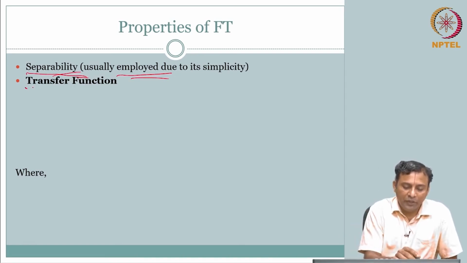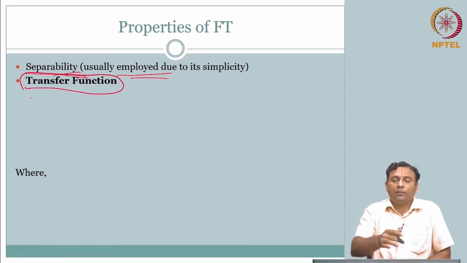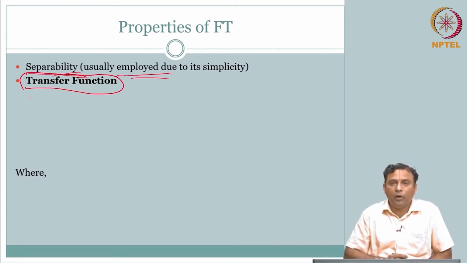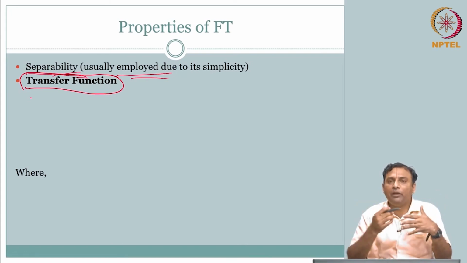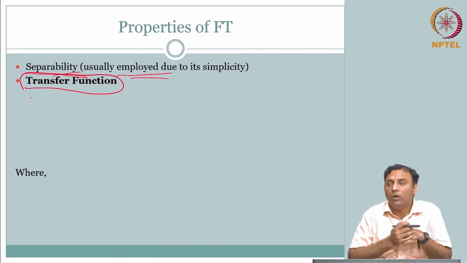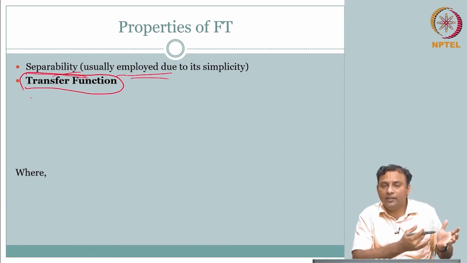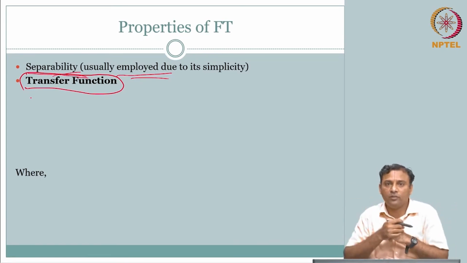This is what I was waiting to get to: the transfer function. All the other properties are fine, but this is a very important one. Why is it important? You would have heard the name transfer function in your prerequisites. What do you mean by transfer function? It transfers something from input to output.